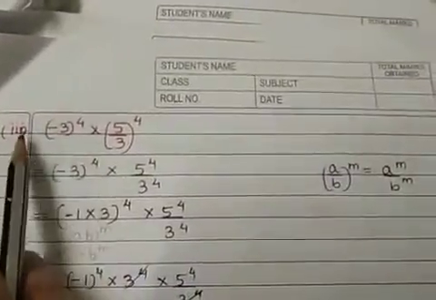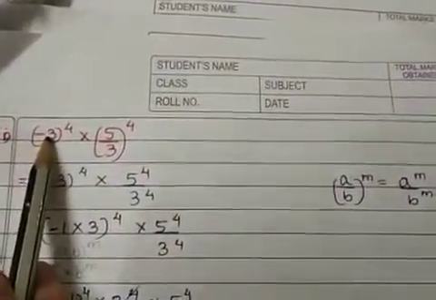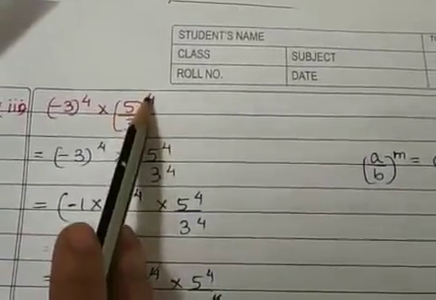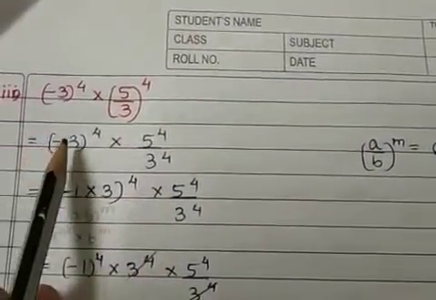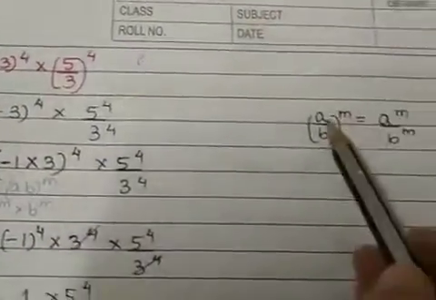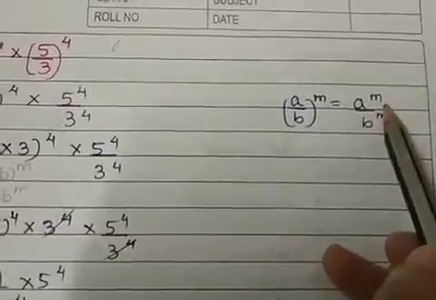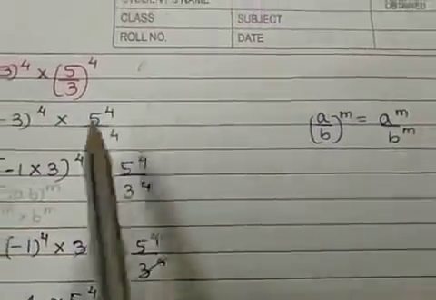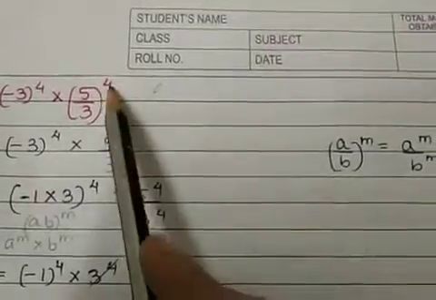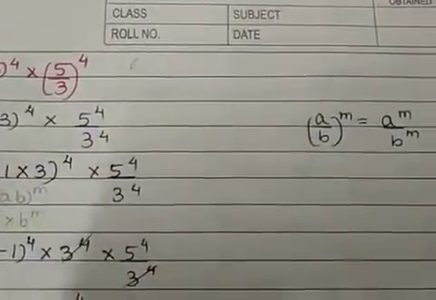Let us see the next example. Minus 3 raised to 4 multiplied by 5 upon 3 raised to 4. This is equal to minus 3 raised to 4 multiplied by, this is like a upon b raised to m, which is a raised to m upon b raised to m. So I can split the numerator and denominator as 5 raised to 4 upon 3 raised to 4.